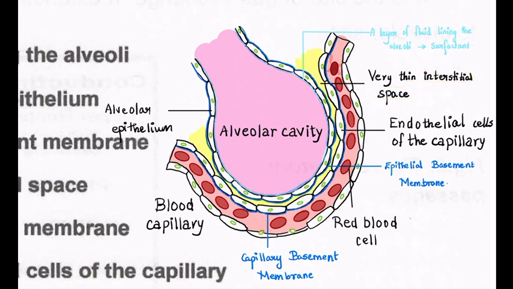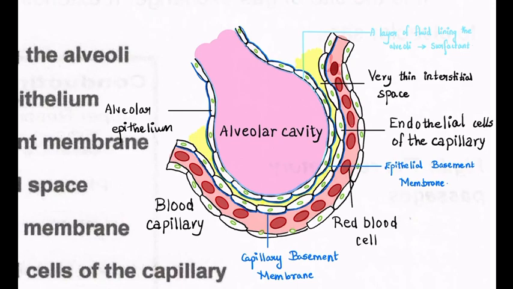Then the oxygen needs to pass the capillary membrane, the endothelial cells of the capillary. Then it needs to pass the capillary basement membrane, and then there are 3 more things like plasma and erythrocyte membrane and I don't know something. So thus it reaches the RBC. Okay, that's it. Thus it enters the blood.